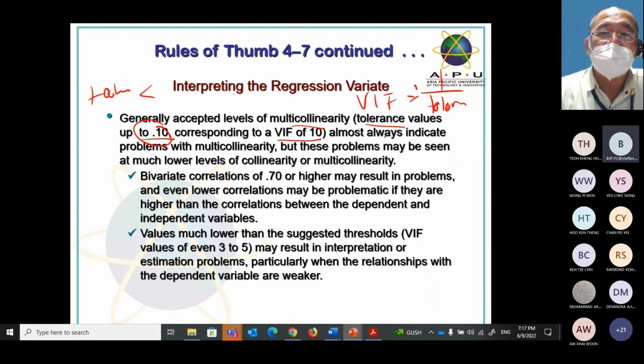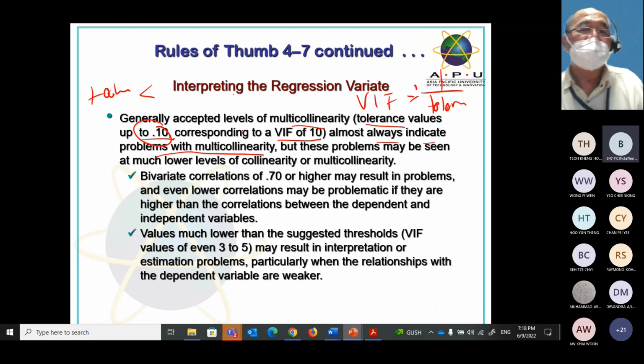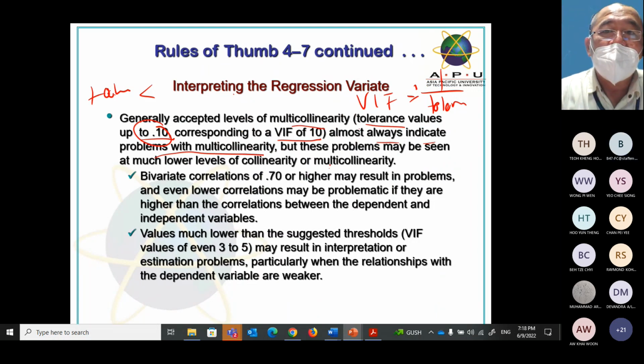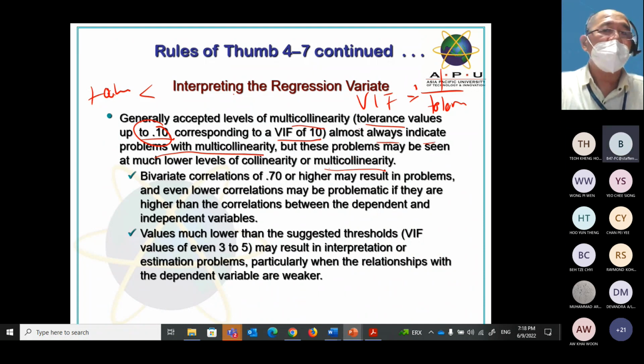So it almost always indicates a problem with multicollinearity. As I mentioned just now, it is almost always there. But the problem may be seen at a much lower level of collinearity, or multicollinearity. They say with a VIF of 8, below 10, still okay.